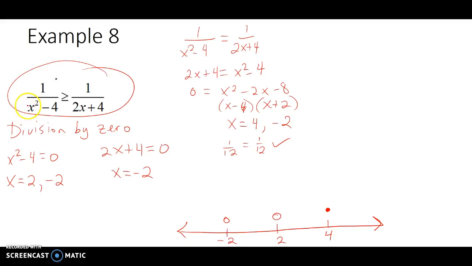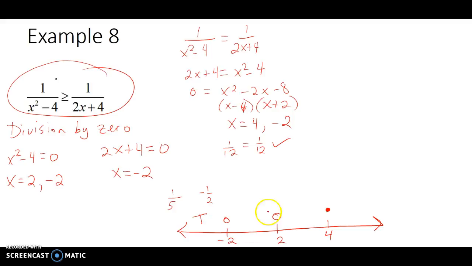So if I put in negative 3 for x, I'd end up with 9 minus 4, so I'd end up with 1/5. And on the right, I would end up with negative 1/2. 1/5 is greater than negative 1/2, so this makes it true.